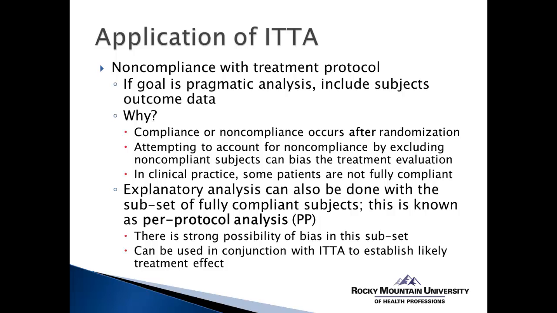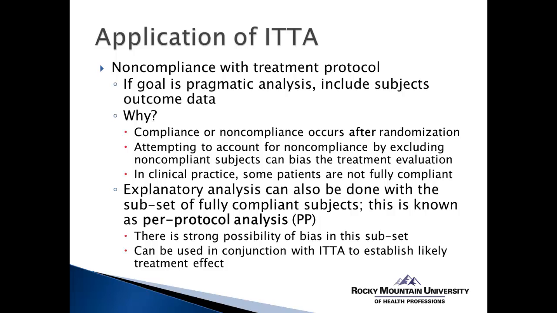So why would we do that? Well, because the compliance or non-compliance occurred after the randomization. So if we exclude them, that really won't give us an idea of how different people with different levels of compliance might respond to the treatment, and also might introduce some bias into our groups. So also attempting to account for non-compliance by excluding non-compliant subjects can bias the sample as well as our ability to see the true treatment effect.